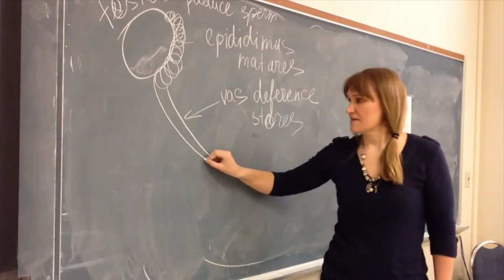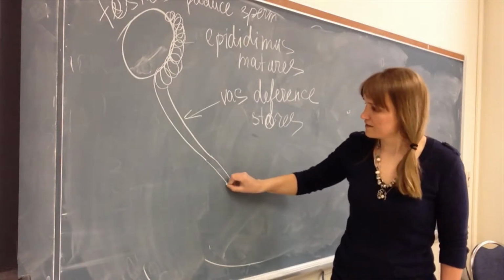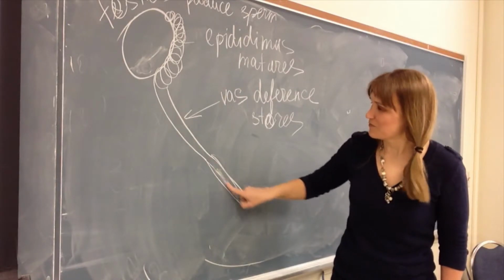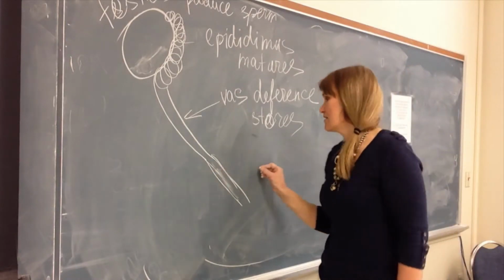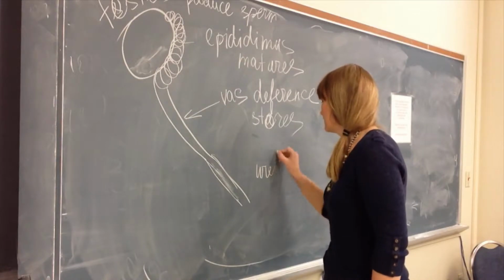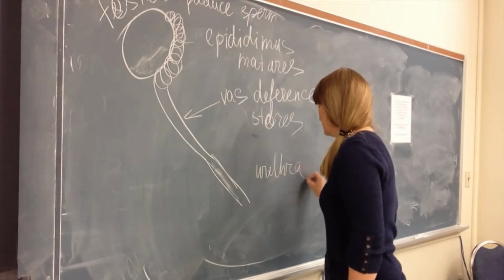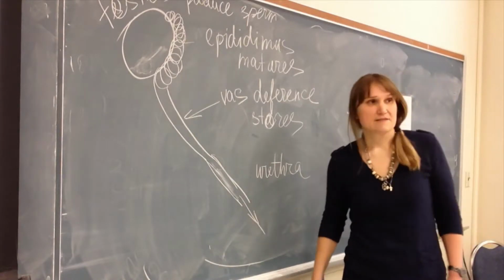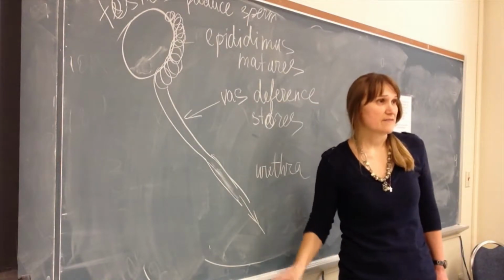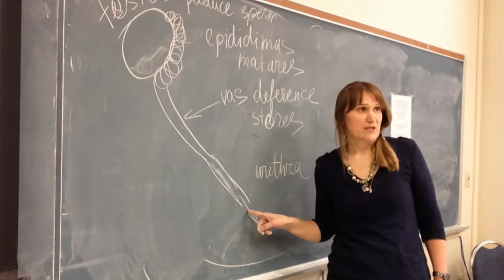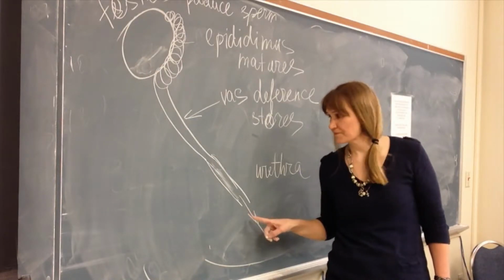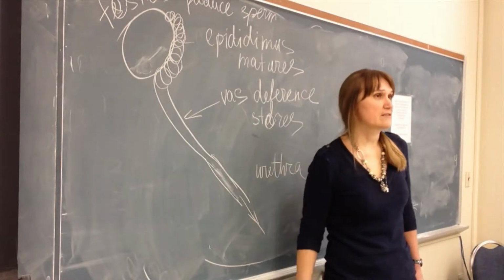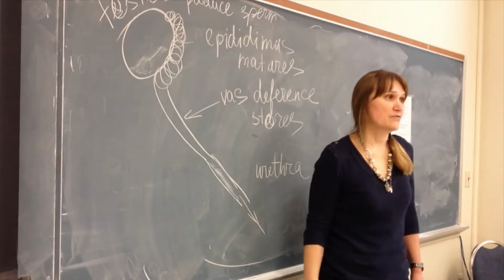And the last, final part of the pathway is the urethra. That mechanically delivers the sperm into the receptacle. So the urethra in males also carries urine outside of the bladder.